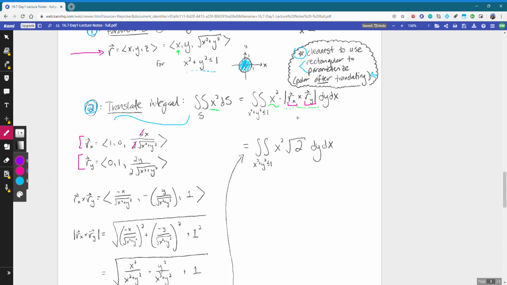Once we have those partials, we can then take their cross product. And so here I'm just imagining we have something like this going on, and we do this like we would any other cross product. We set up our 3 components and we slap our negative in the middle.